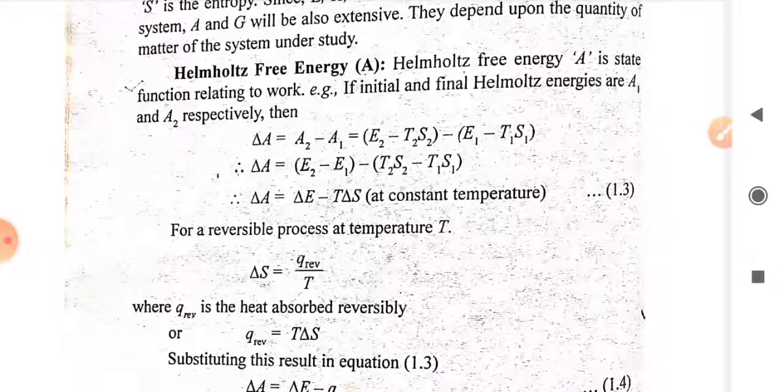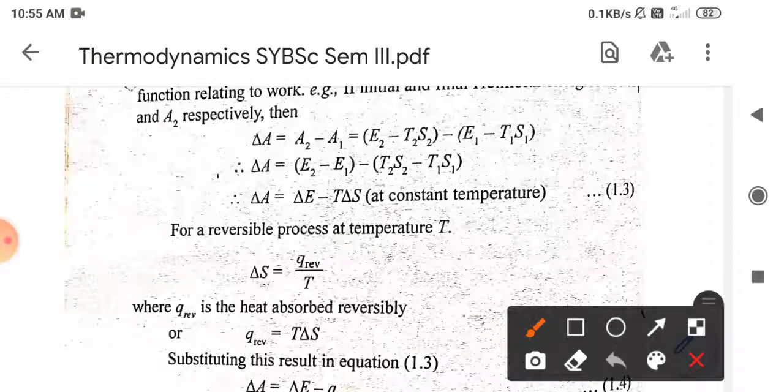We can obtain that by using this expression: delta A equals A2 minus A1, which is E2, the internal energy at state 2, minus the temperature and entropy at state 2, minus the internal energy at state 1, minus the temperature and entropy at state 1.